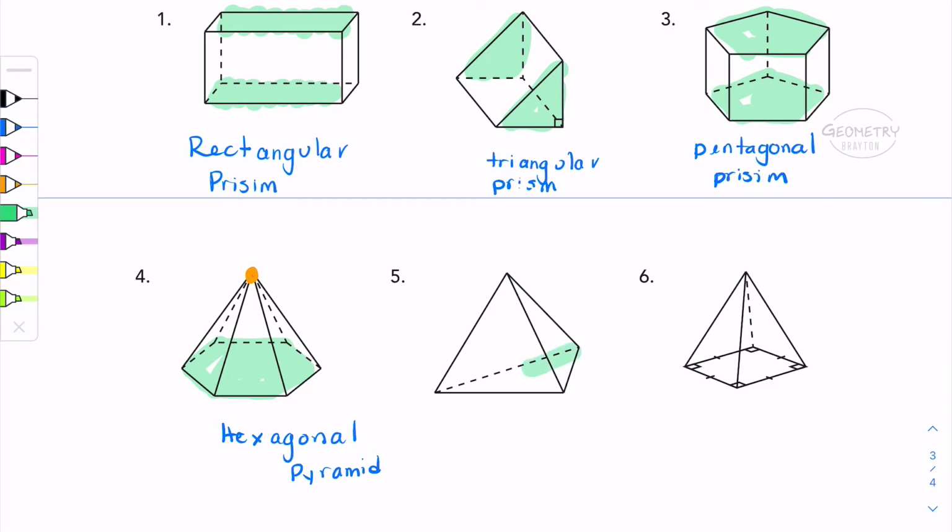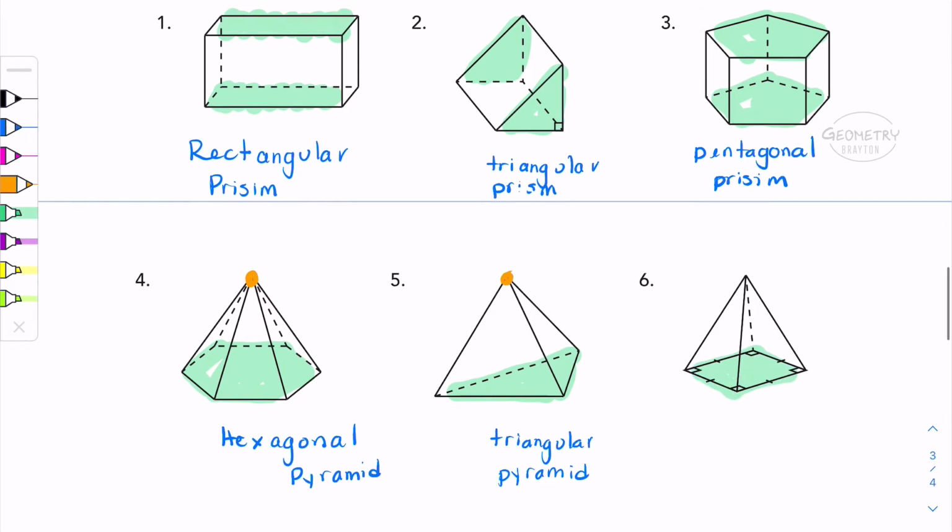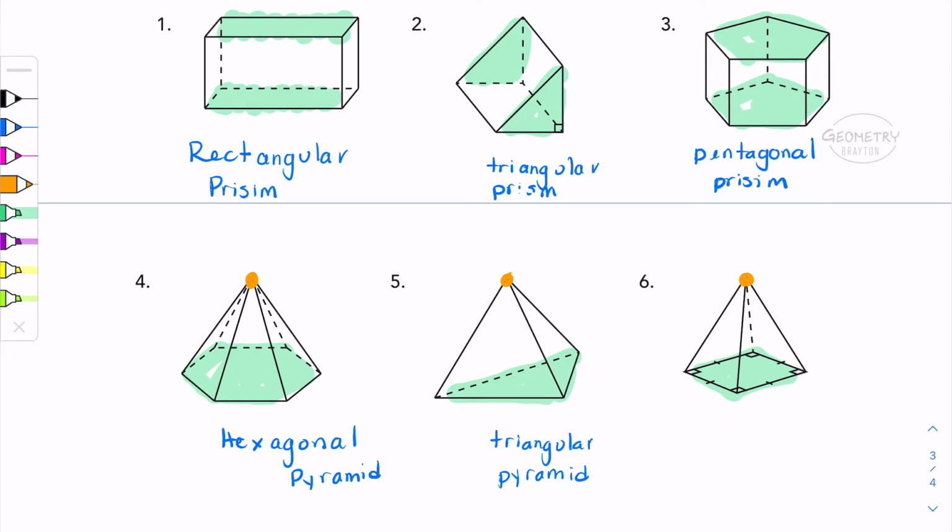Number five, we have a triangle and we have a common point where all the lateral faces touch. This is called a triangular pyramid. And lastly, we have a square base and all of the lateral faces come to one point. This is called a square pyramid or a square base pyramid.